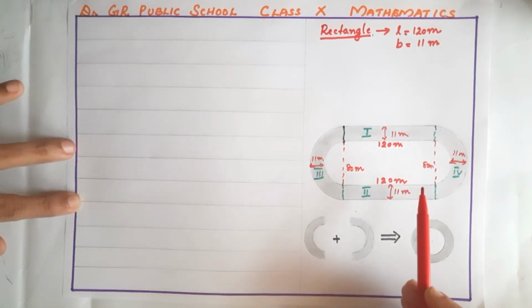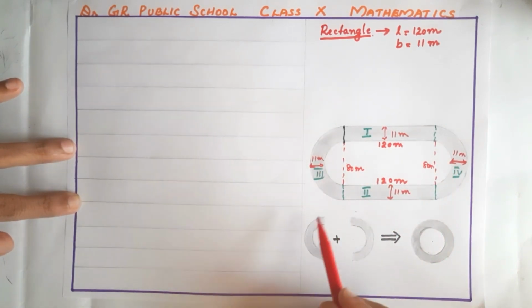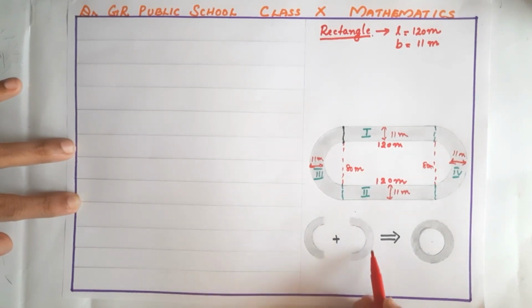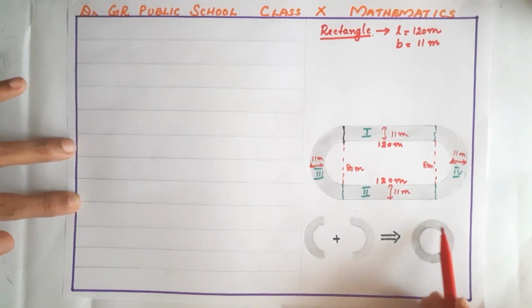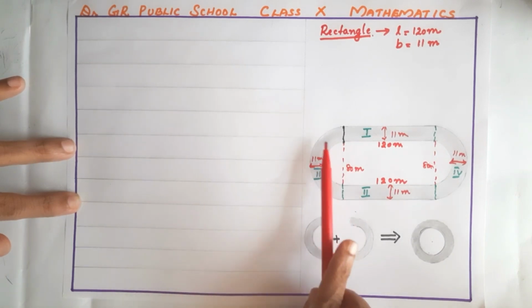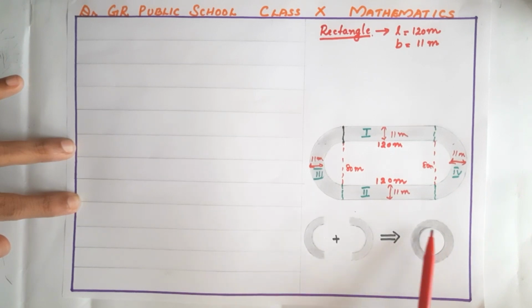Okay. Now, the remaining portions are semicircular paths, isn't it? And here the 2 semicircular paths are of the same radii. So when we join these two, we will get one circular path. Isn't it? One circle. So the area of these two semicircular paths together we are getting as a circular path. And the area of a circular path we have discussed in the previous video, isn't it?